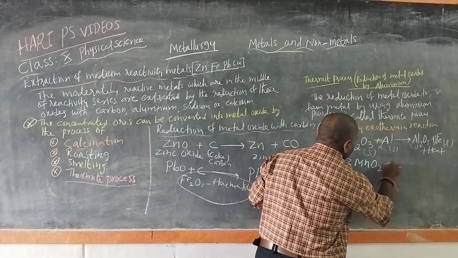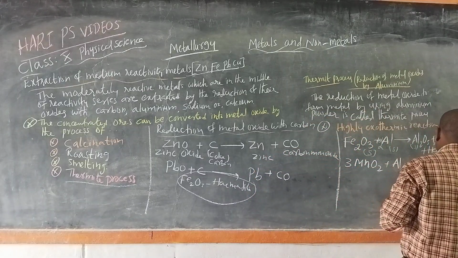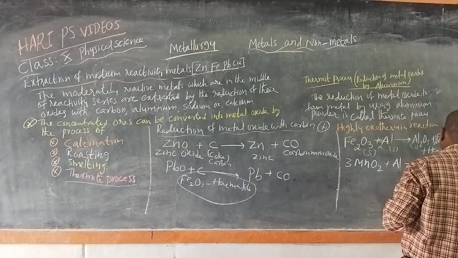Similarly manganese oxide: 3MnO2 plus aluminum gives Al2O3 plus manganese.